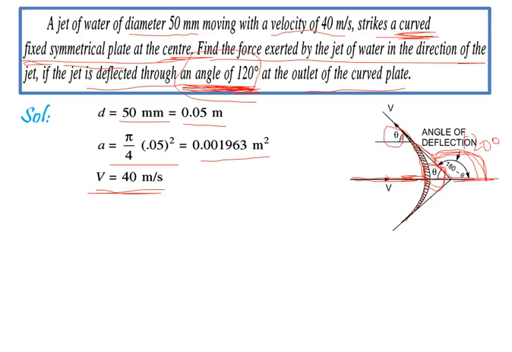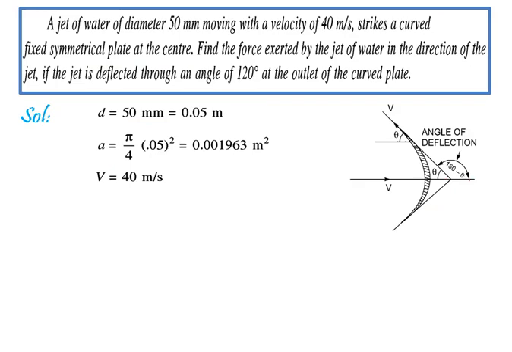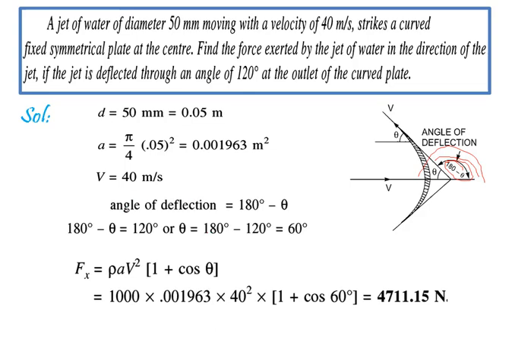So for this, what you're going to do, this is 120, right? The angle of deflection is 180 minus theta. It is nothing but 180 minus theta equals 120 degrees.